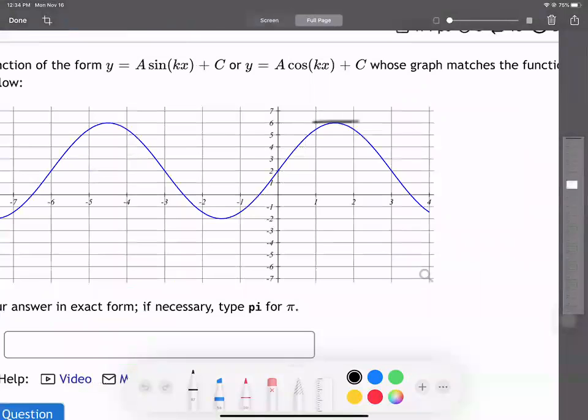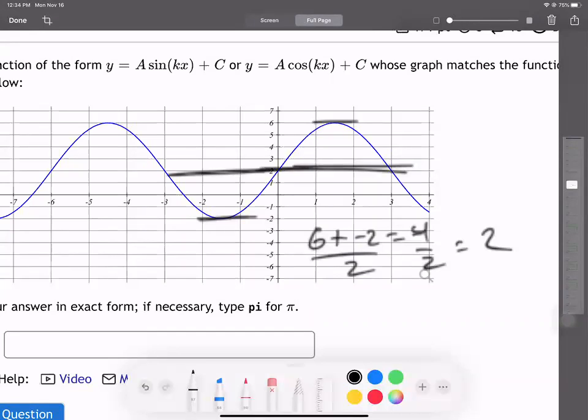If my top is 6 and my bottom is -2, 6 plus -2 is 4. Divide this by 2, that's the average, that's 2. Hey, 2 is the middle, that's my center line, what they call a midline in Open Math. So we know d is equal to 2. We got one part of it. C, you know what? I'm going to start at 0. I don't want a phase shift.